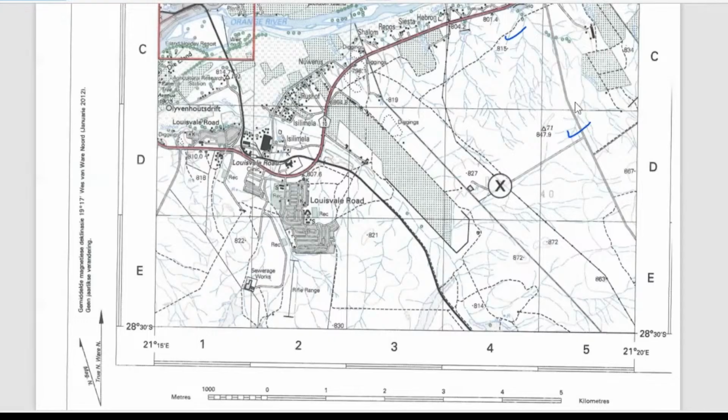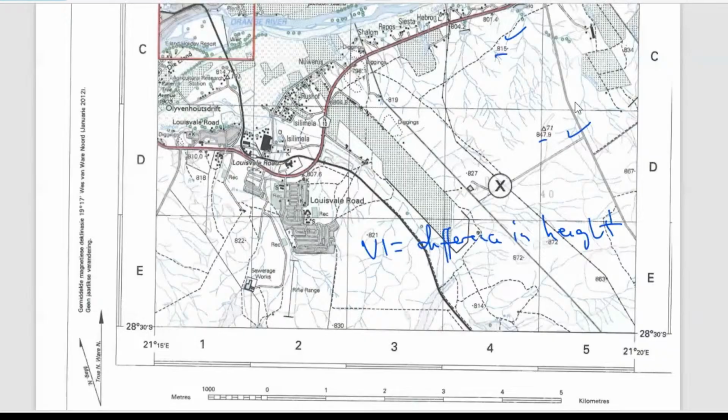Our VI in this instance, vertical interval, is the difference in height between the two features. We are saying one is 847.9 and the other one is giving us 815 exactly. Right, so it means your VI, you are subtracting the smaller height from the bigger height. So which one is smaller and which one is bigger?